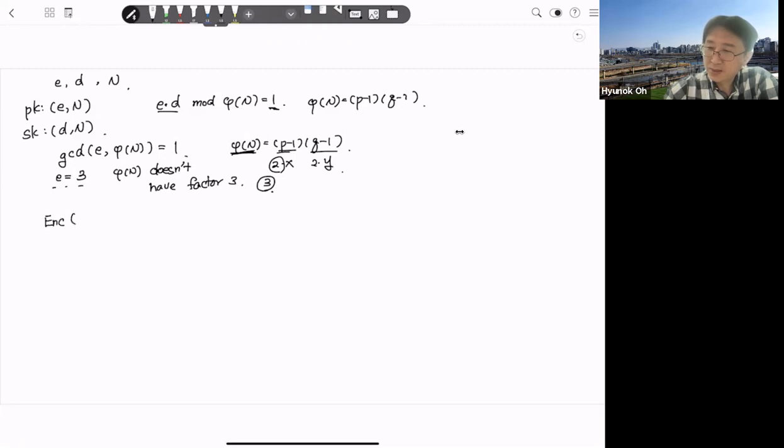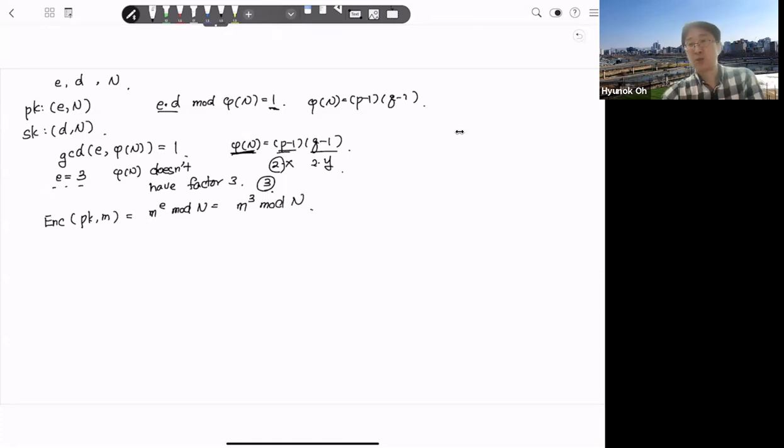Okay, so for instance, if E is 3, then what's the encryption algorithm? Encryption is simply M to the E mod N, right? That's the encryption. So M to the cube mod N. So M to the cube just needs multiplying 2 times, right? M is given, then M squared, M cubed.